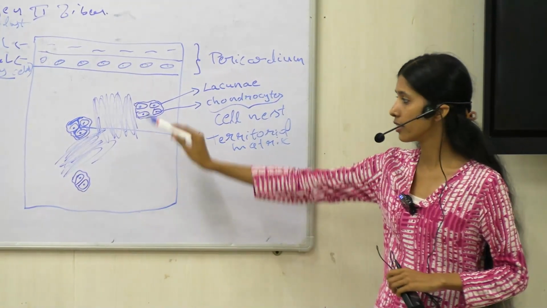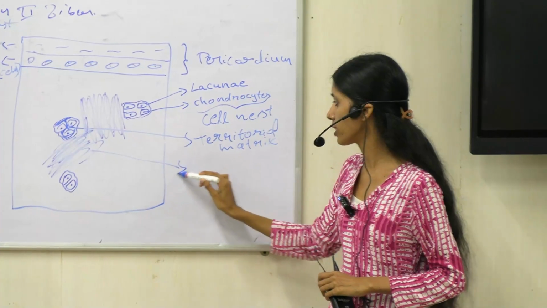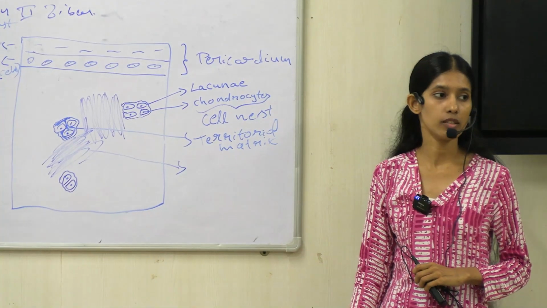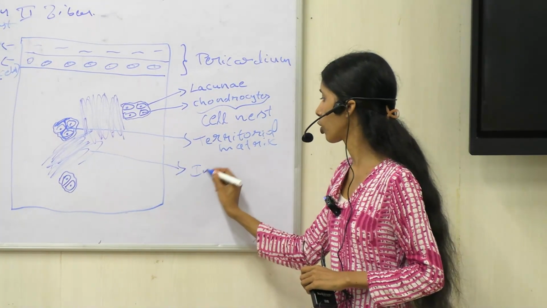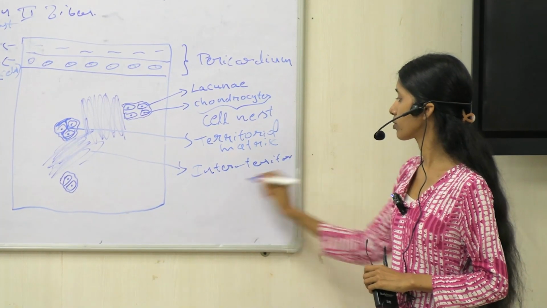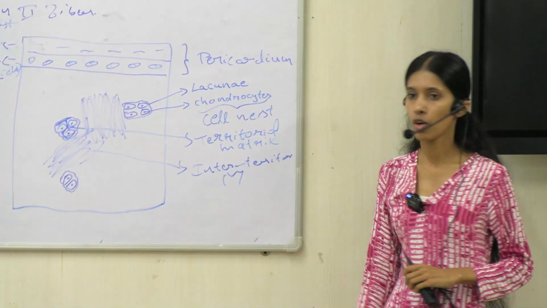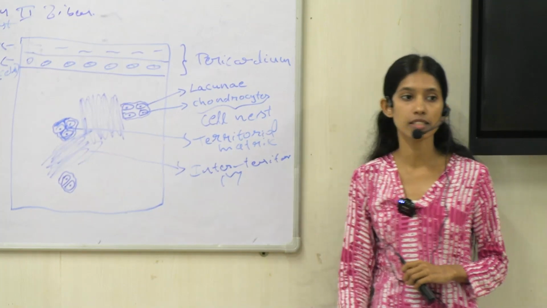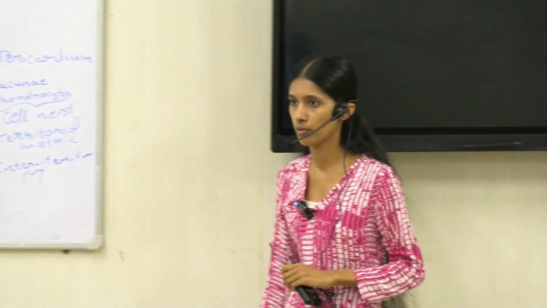This matrix is called as interterritorial matrix, or it is also called as interstitial matrix. In a few textbooks it is mentioned as interstitial.